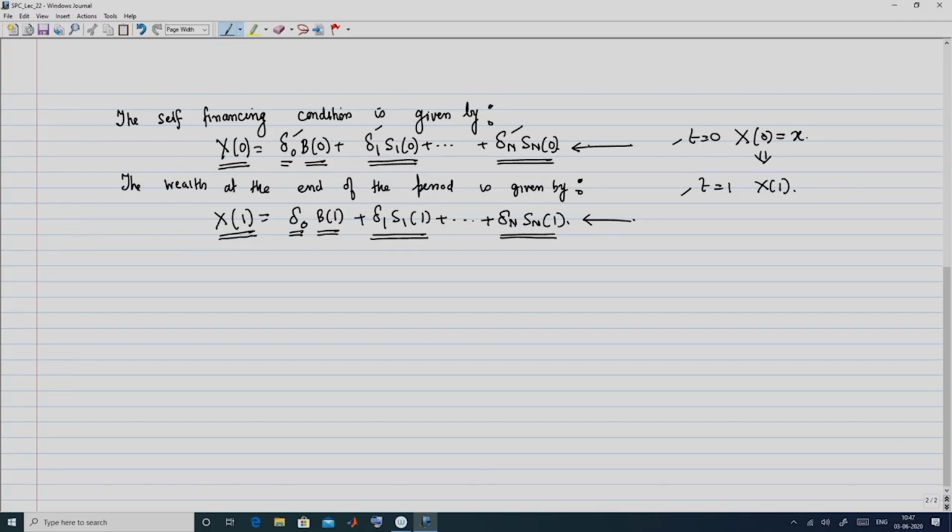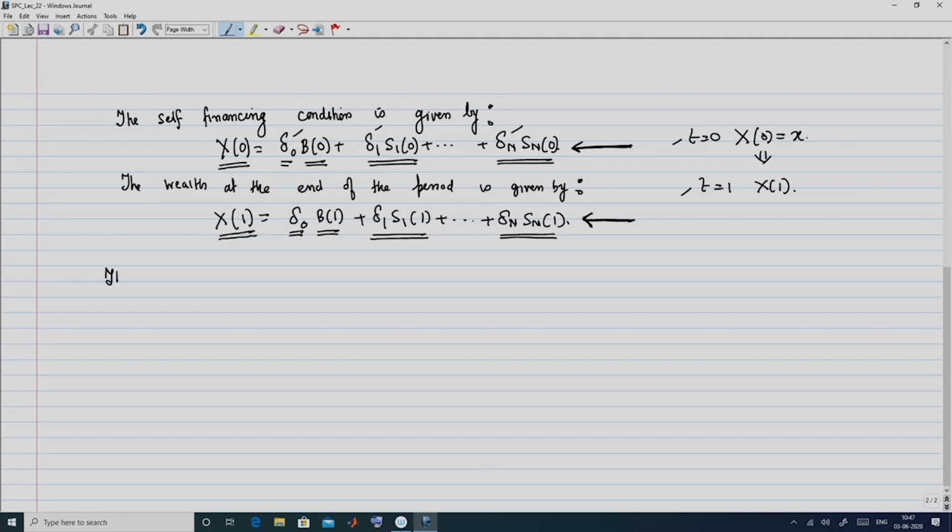So, this is called the self-financing condition, because you can only invest, the total investment must exactly match the amount that is available in hand. That means that the whole investment of delta naught, delta 1 to delta n must be completely self-financed by the money that is in hand without any external support.